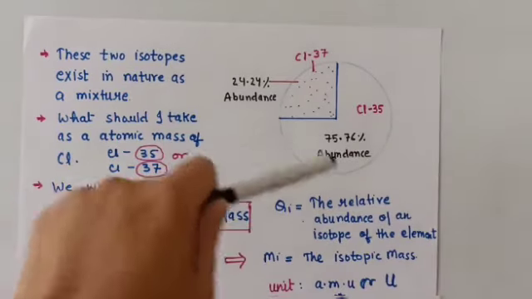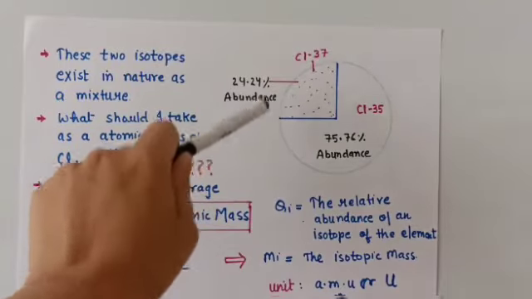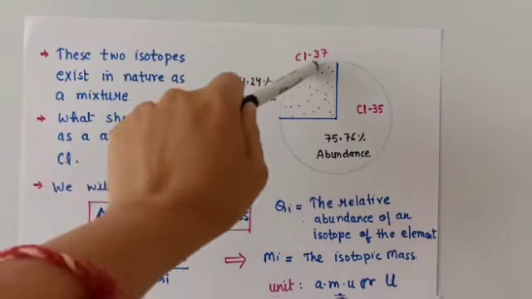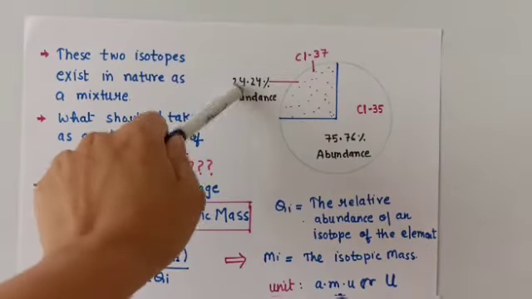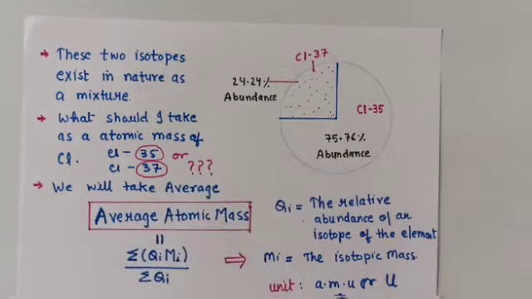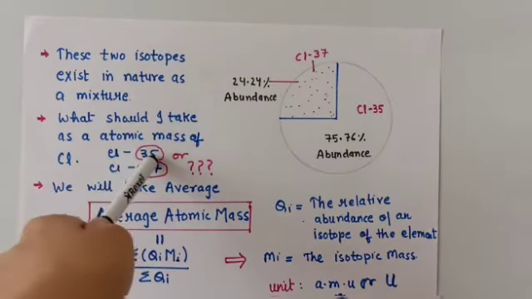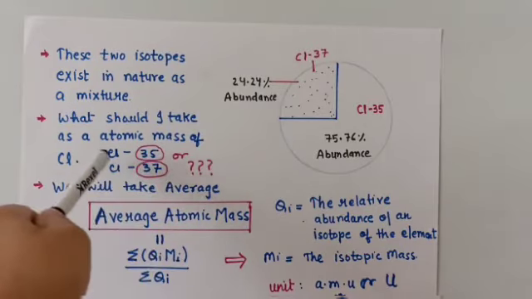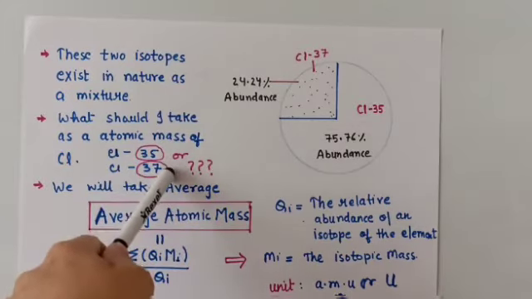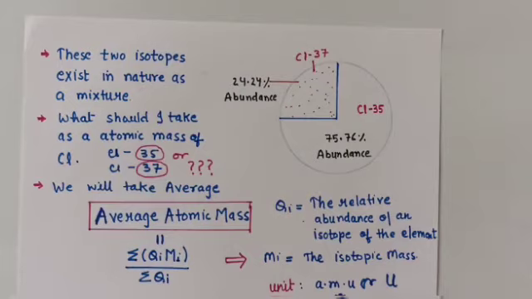It means in the sample, the percentage of chlorine 37 is this and the percentage of chlorine 35 is this. So the question arises again: what should we take as the atomic mass of chlorine, 35 or 37? For that we have to calculate the average atomic mass.